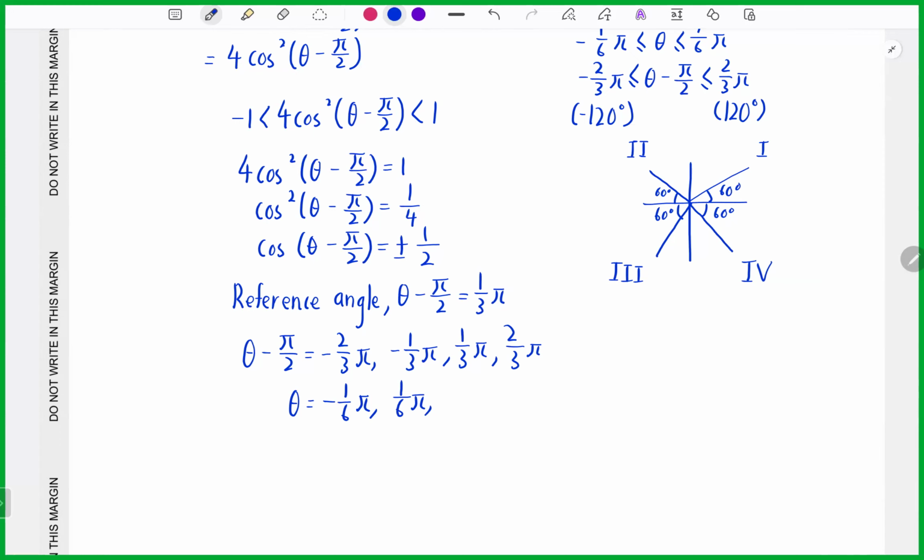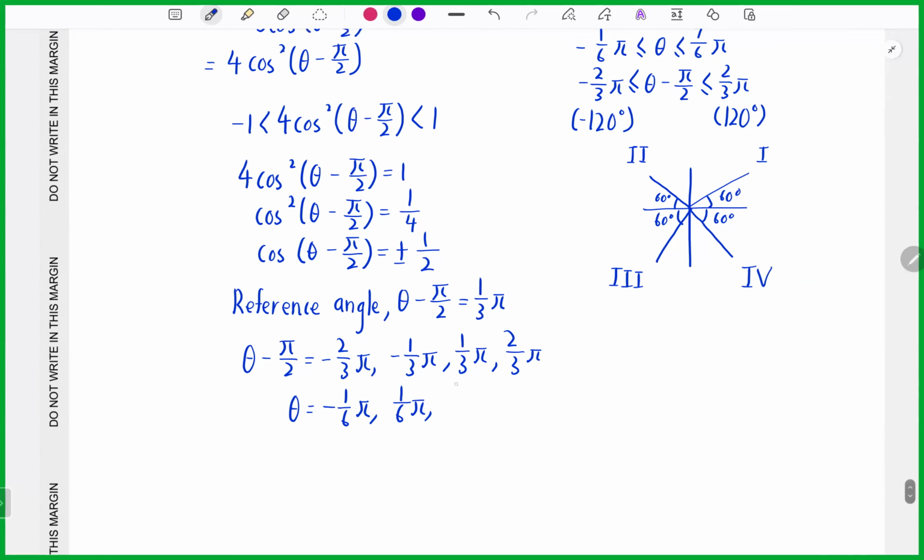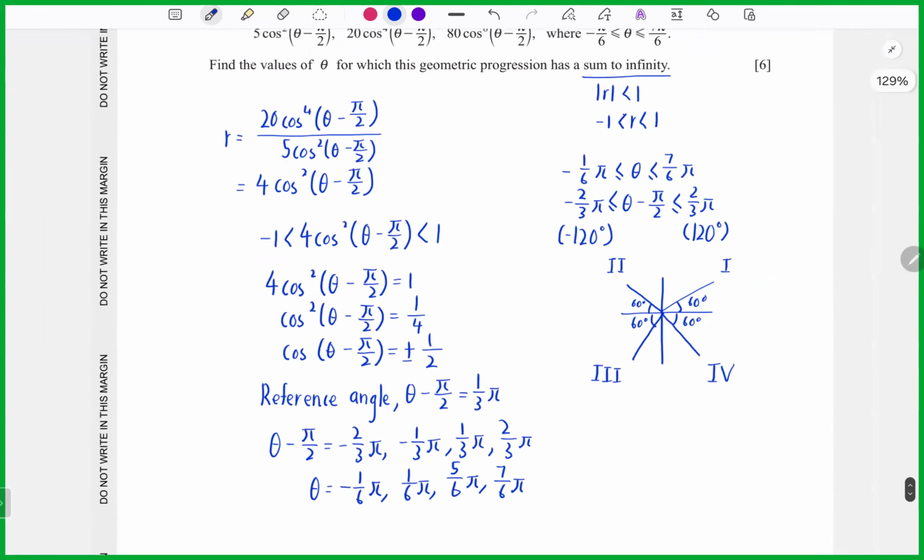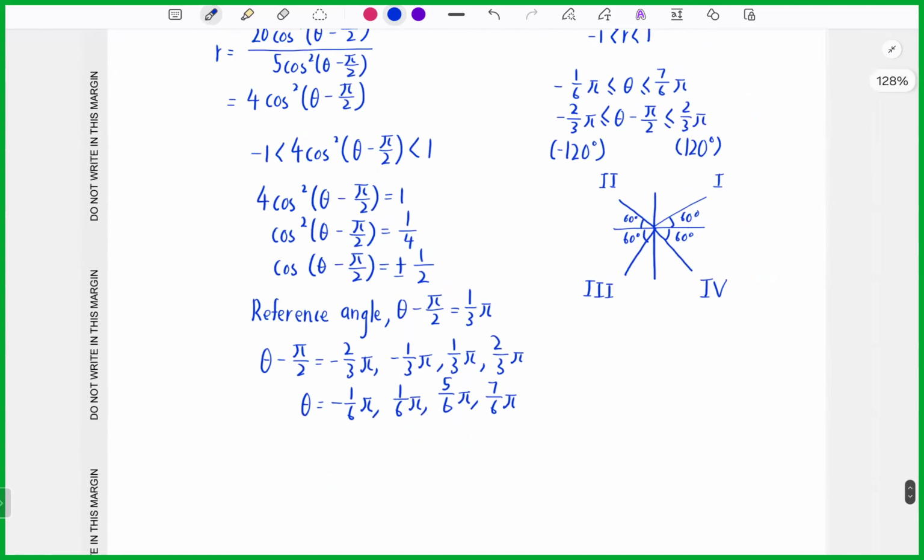Positive 1 over 3 pi plus 1 over 2 pi, you will get 5 over 6 pi here. 2 over 3 pi plus 1 over 2 pi, you will get 7 over 6 pi. So we already get these four values here, right? But we need to write it as a set of values. So how do we write the set of values? Let's try.